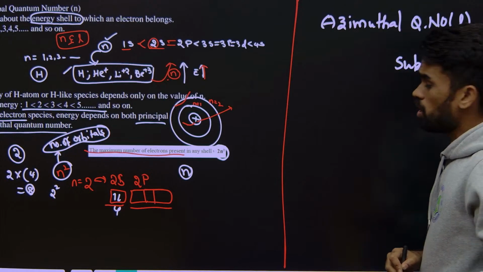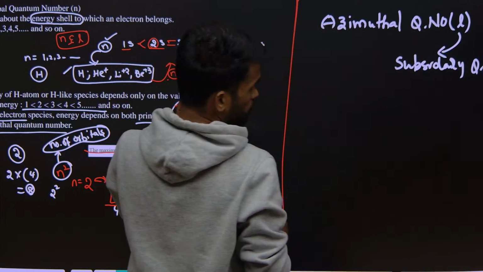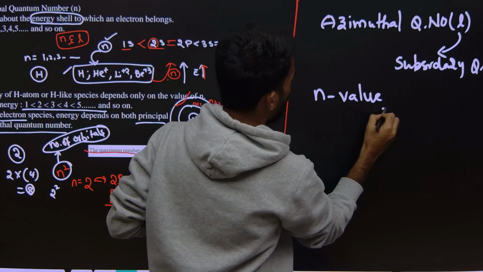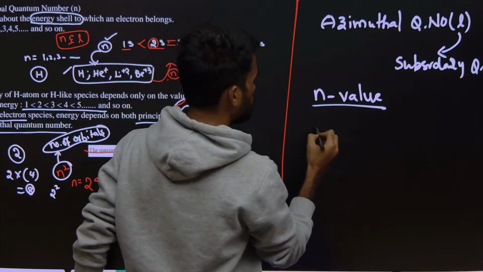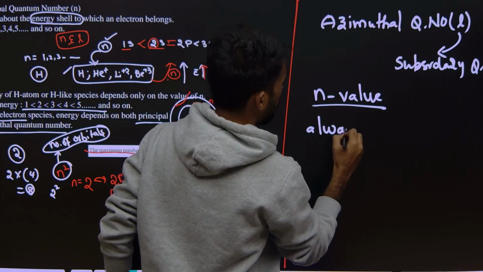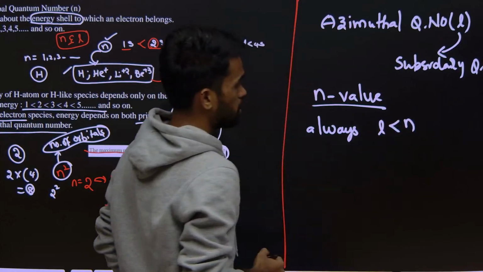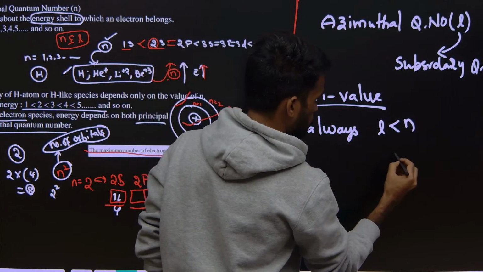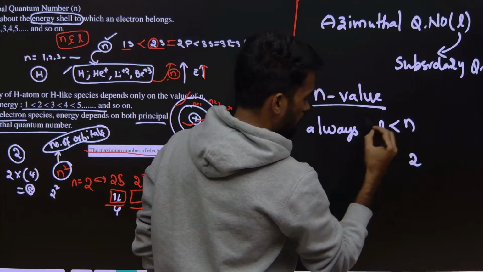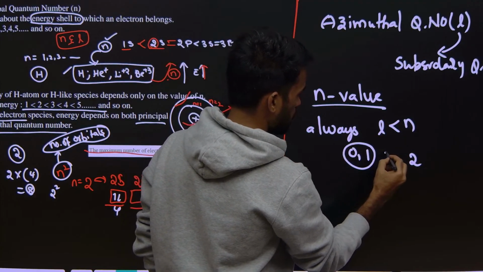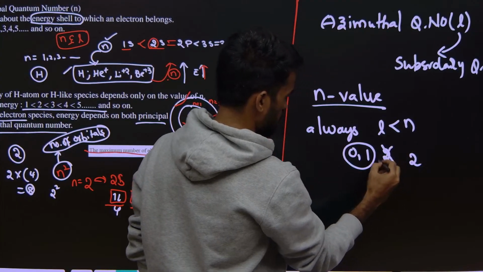Now, for a given n value, L will always be less than n. It means if the n value is 2, L can be 0 or 1. It cannot be 2.